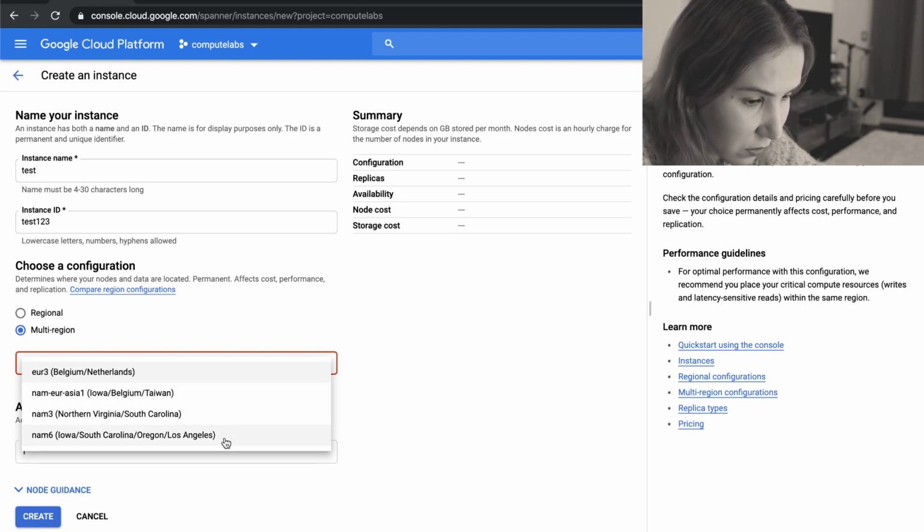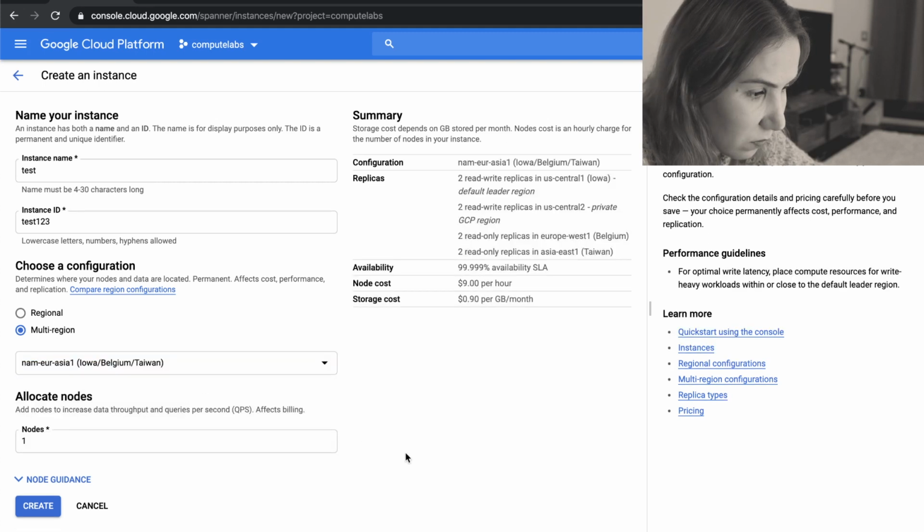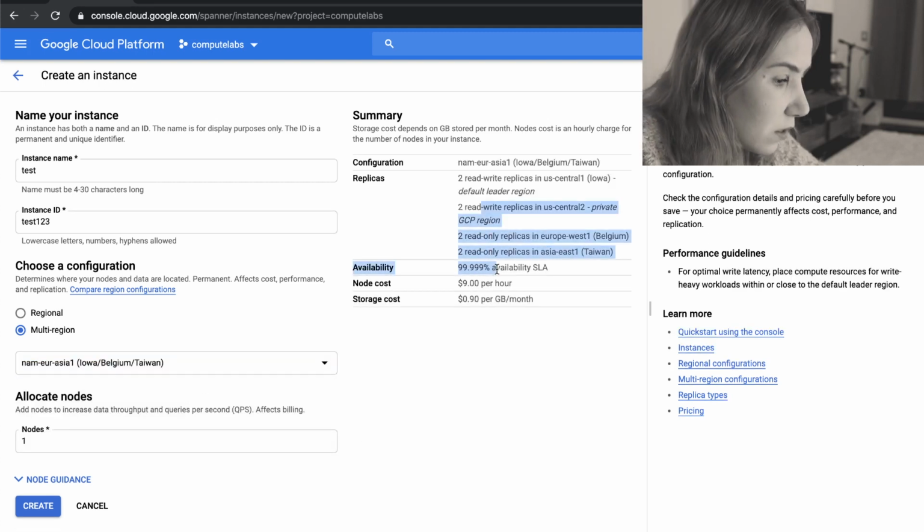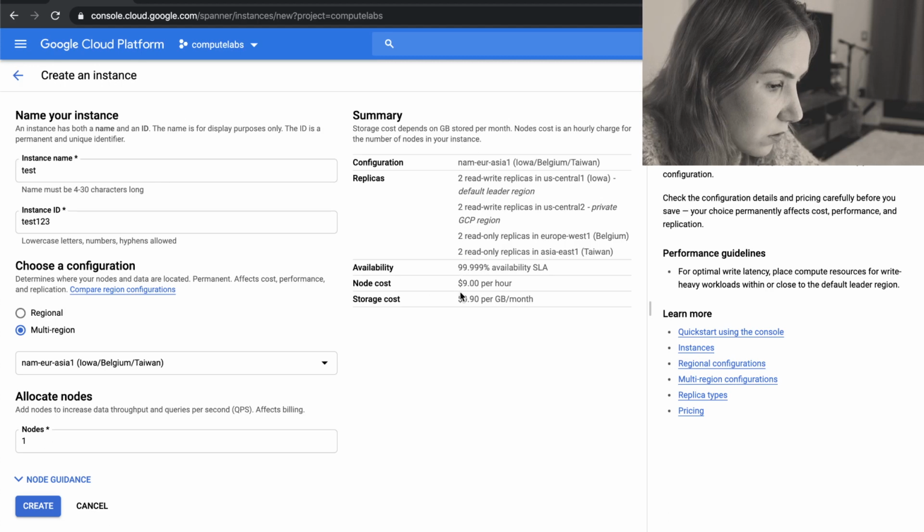It's not available everywhere, but you can choose one of the existing region sets. It also gives you the cost and the storage costs, and so on.